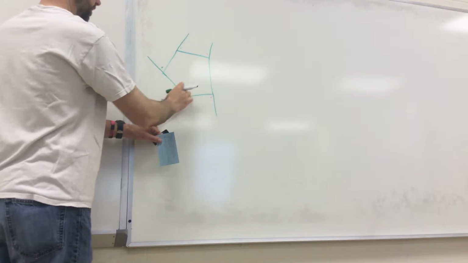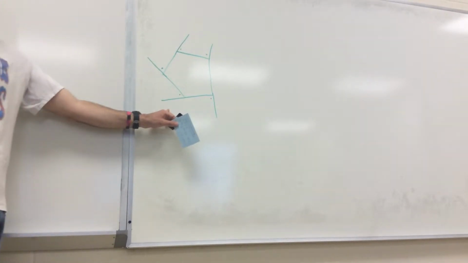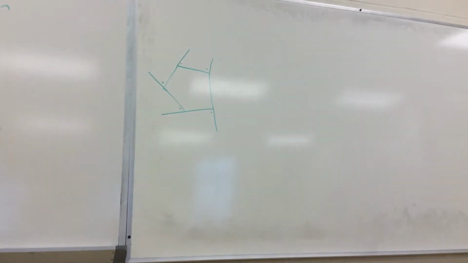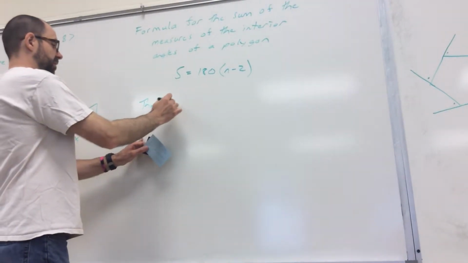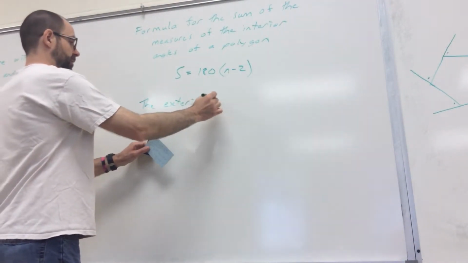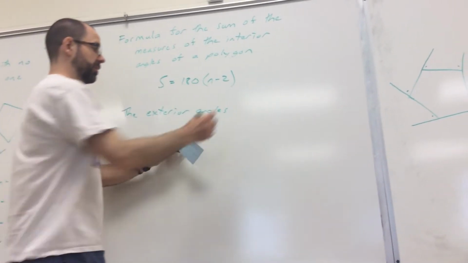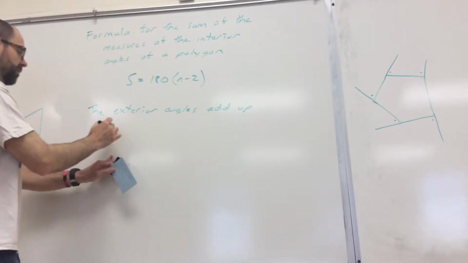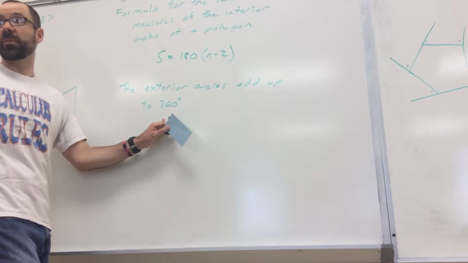So those 5 angles now, that one, that one, that one, that one, and that one, those are exterior angles. And the exterior angles add up to 360. No matter how many sides there are.